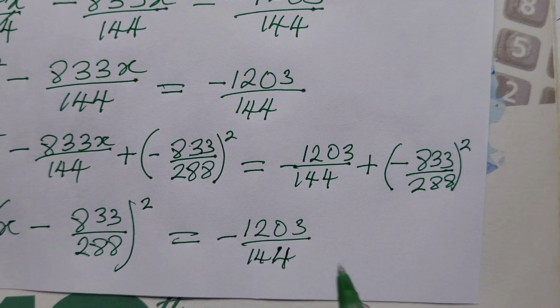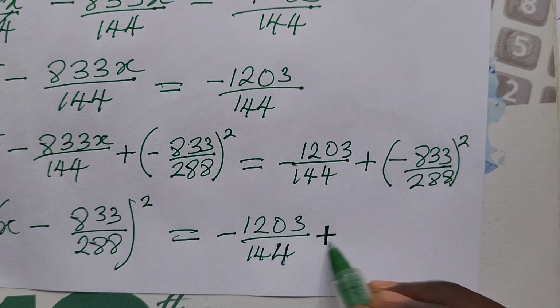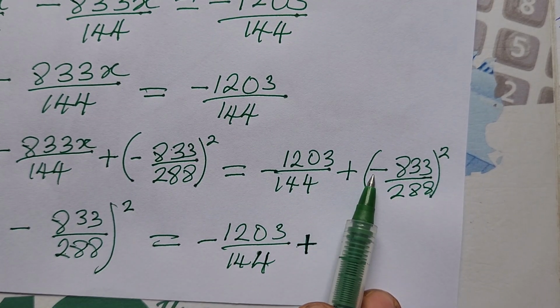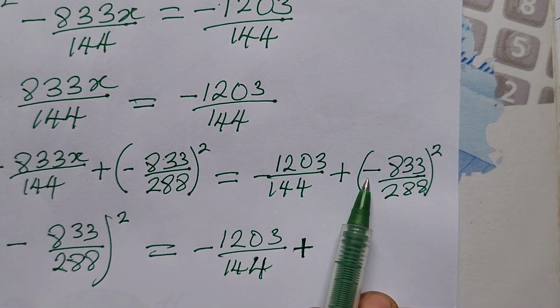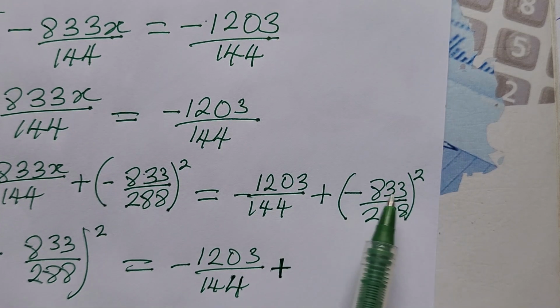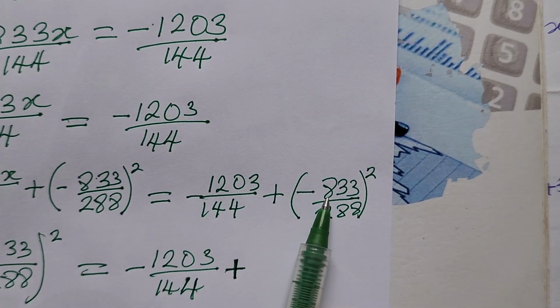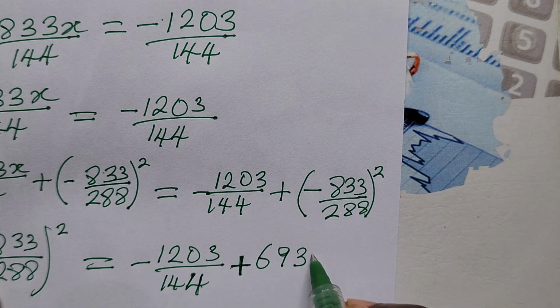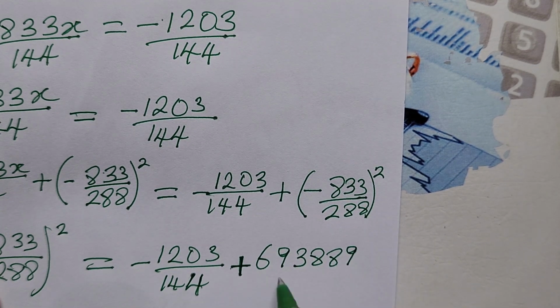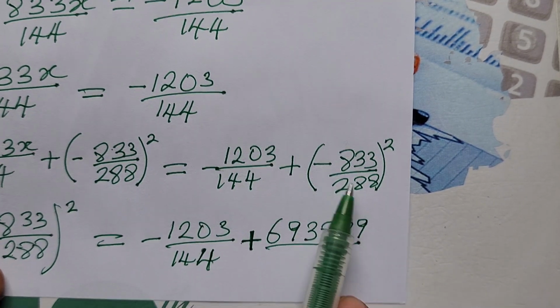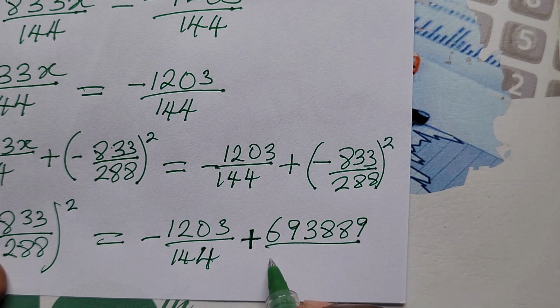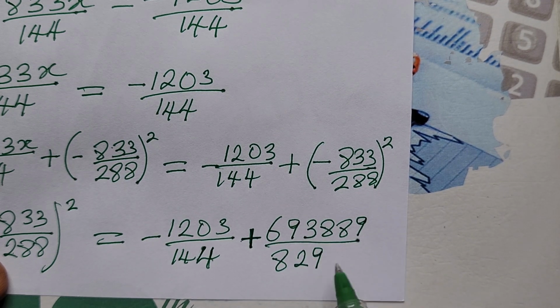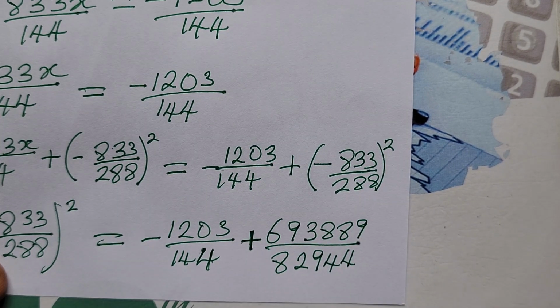Then here is going to give us plus, because the square of minus 1 will still give us plus 1. So what is the square of 833? It's going to give you 693889 all over the square of 288, which gives us 82944.